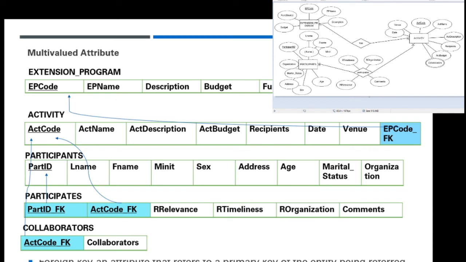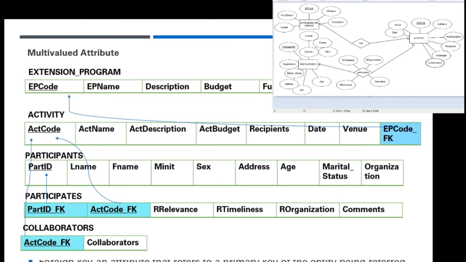So this is the final model or final schema of our extension program entity relationship diagram. In the first one, we created the strong entities, and then we looked for weak entities, which are not present.